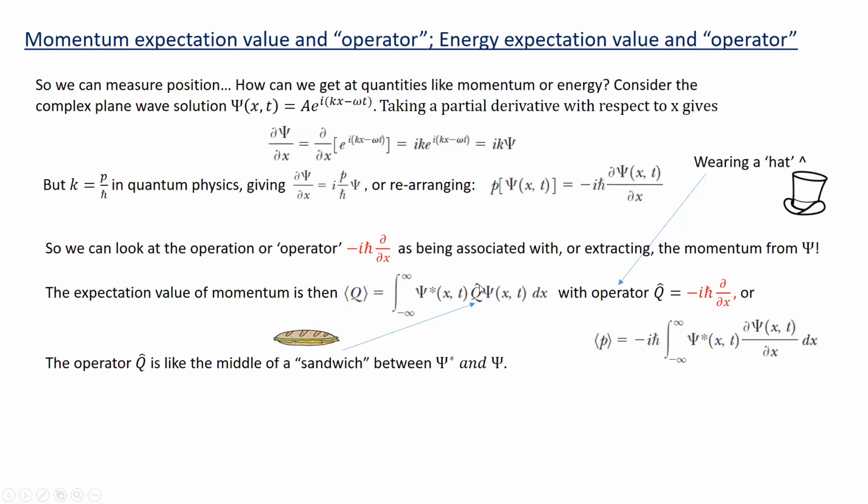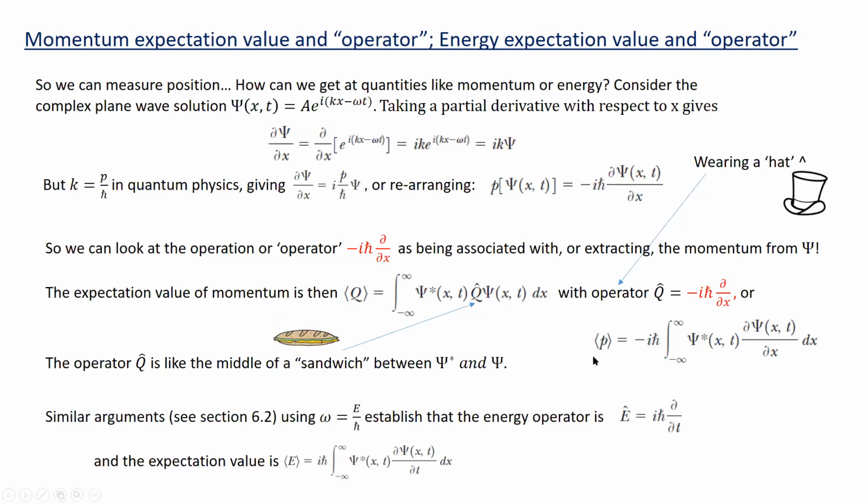Q hat is your juicy piece of salami and cheese, and psi is your bottom piece of bread here. Okay, and then you integrate it all together and you get a whole sandwich and you just eat it right up. So it's like an operator sandwich. Psi star times your operator times psi. That's pretty much what I wanted to communicate to you.